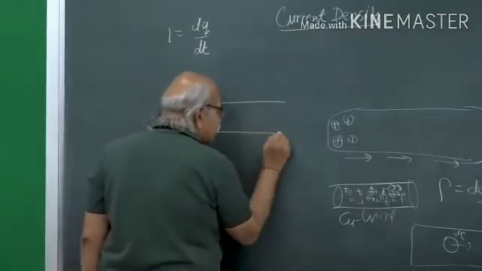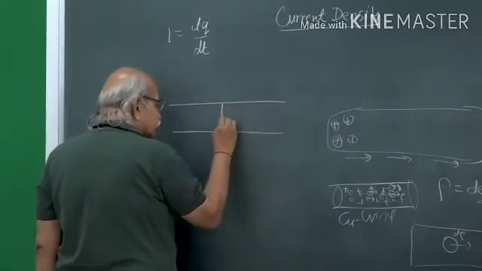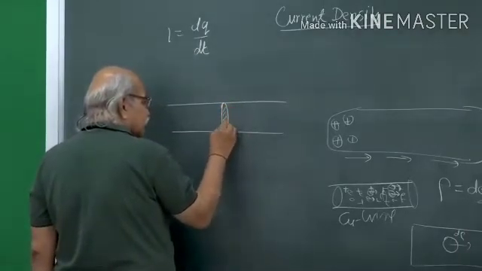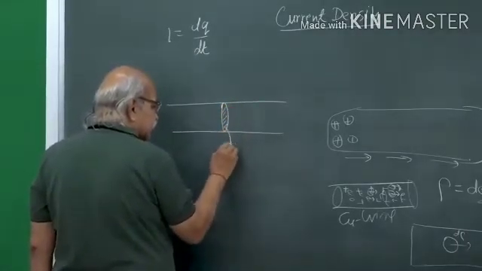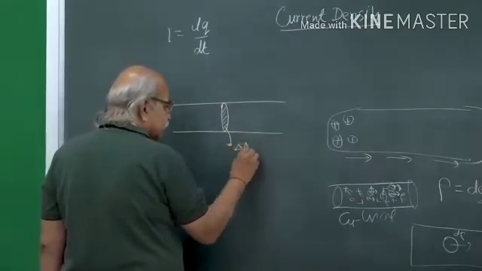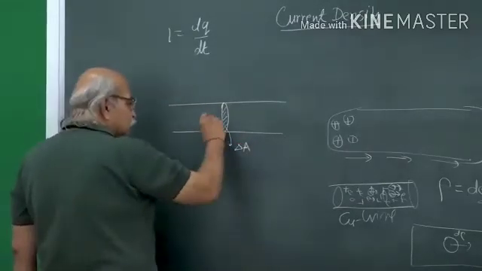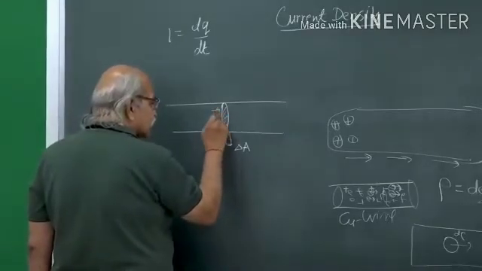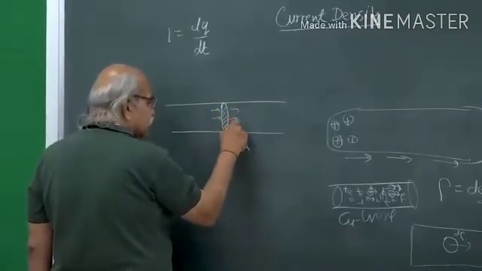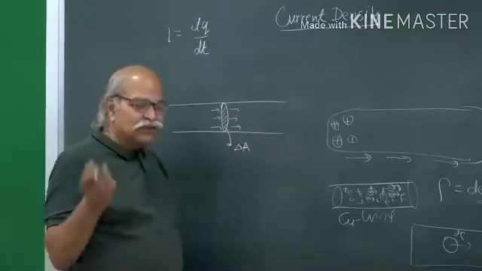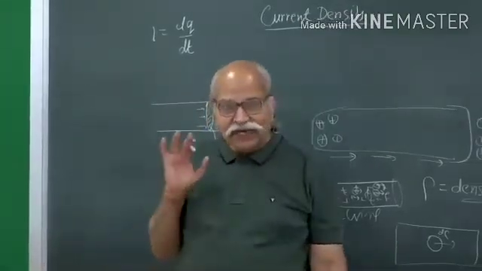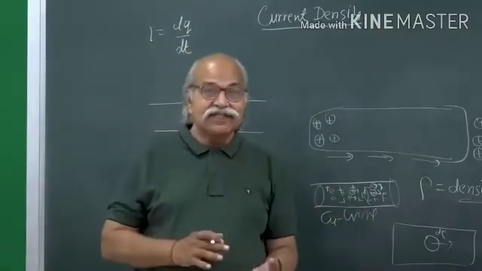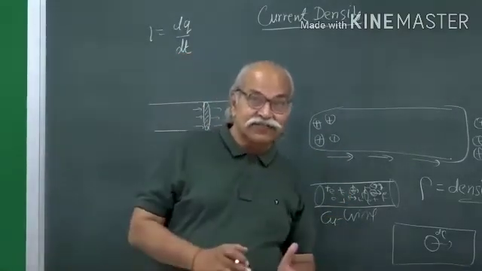Suppose you have this wire and then you take this cross section, and this is let us say delta A, and if dq charge crosses, and remember we normally write everything assuming that it is positive charge, but our equations are equally valid if the positive charges are crossing or the negative charges are crossing.